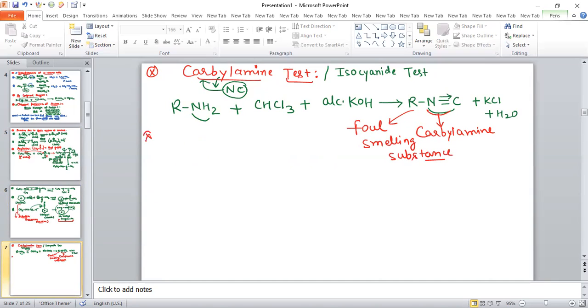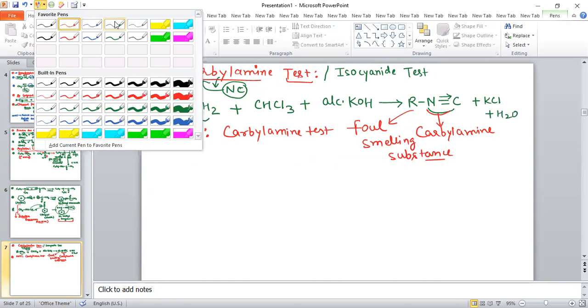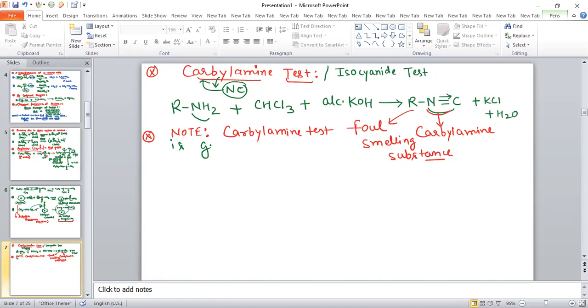And note this point: the carbylamine test is given by only primary aliphatic and aromatic amines.